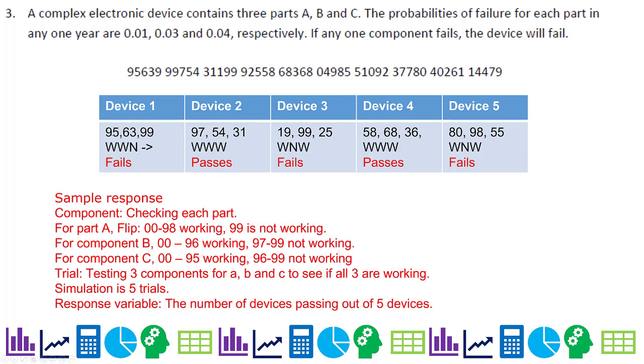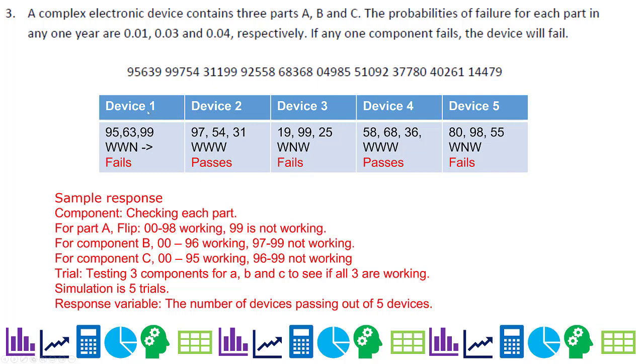So here you can see 95 is fine, 63 is fine, but 99 is not working. So it's work, work, not work. So this one fails. This one's working because I didn't hit 99. And then this one's working, and that one's working. Then for this one, we have working, not working, working. So that one fails.